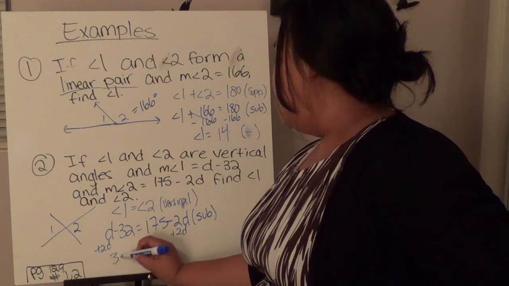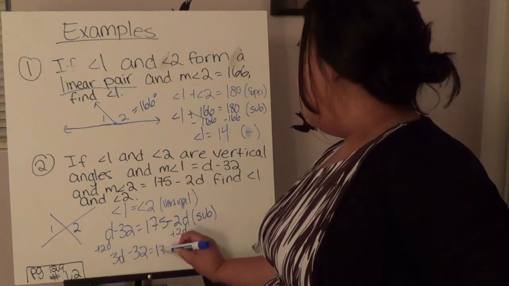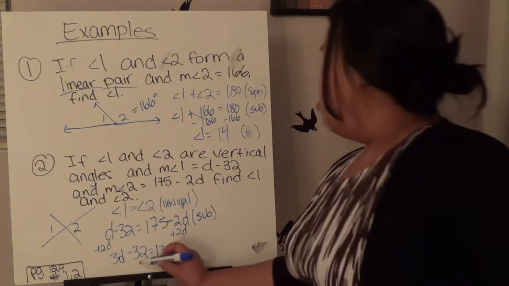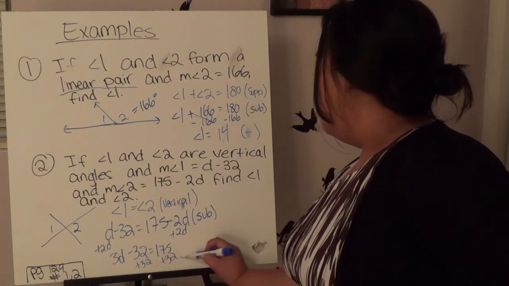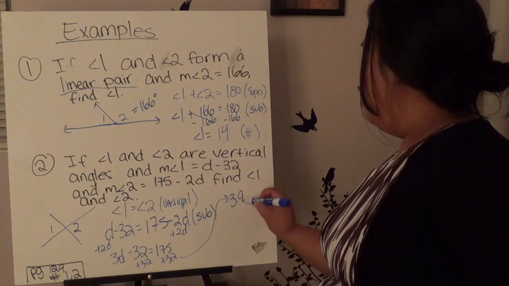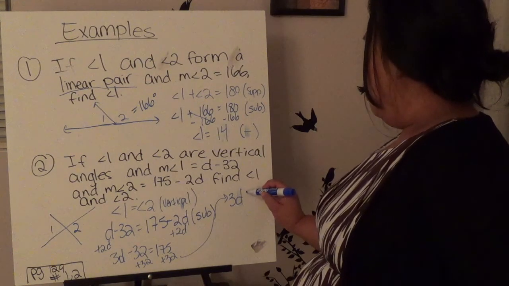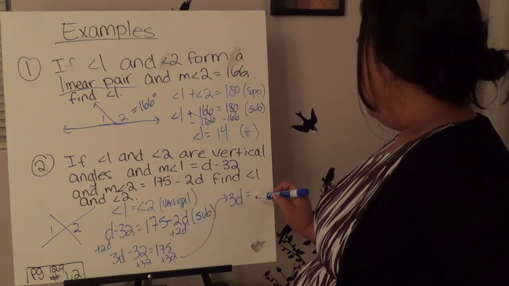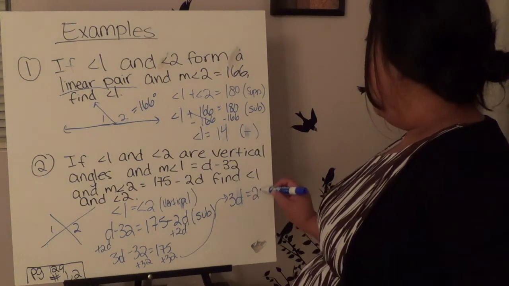I end up with 3d minus 32 equals 175. What do I do next? I'm going to add 32 to both sides. Okay? And then I end up with 3d equals 207.